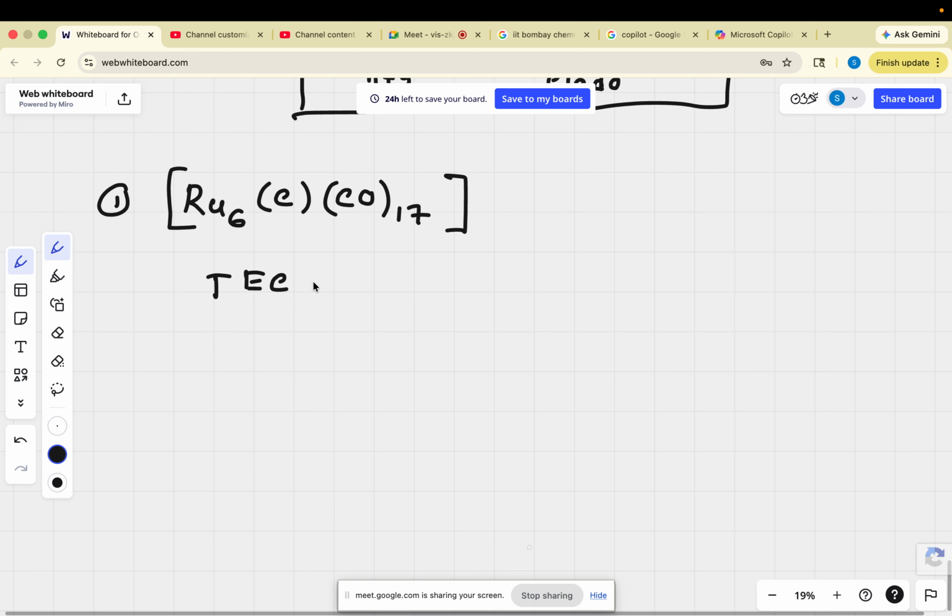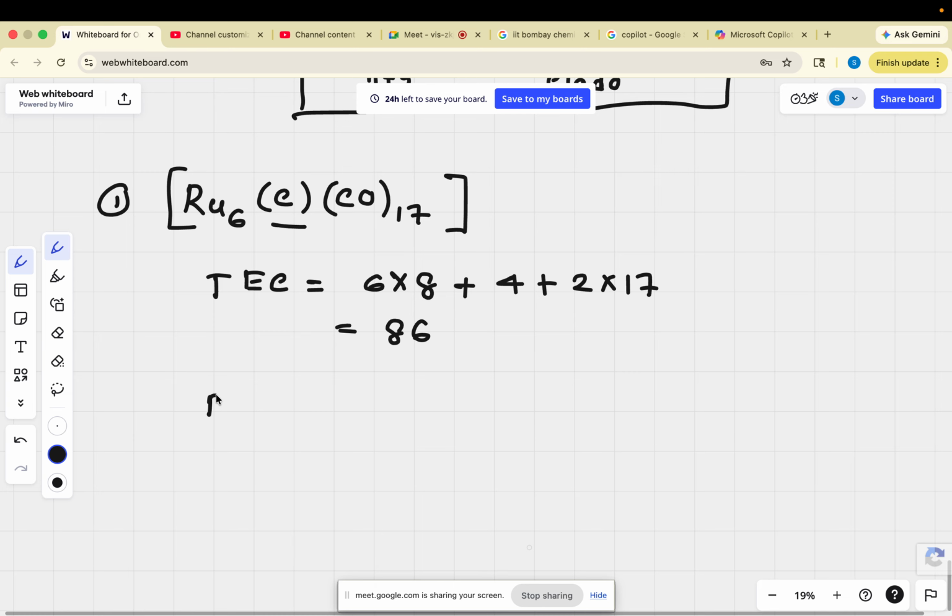Ruthenium will have how many electrons? 8 electrons, so 6 into 8. Carbon will have 4 electrons. And carbonyl, you know how many electrons? 2. So 2 into 17. If you add 48 plus 4 plus 34, you are getting 86. This is your total electron count.